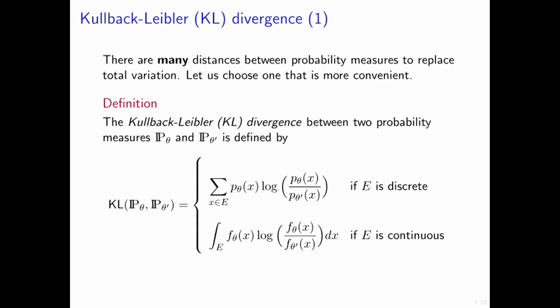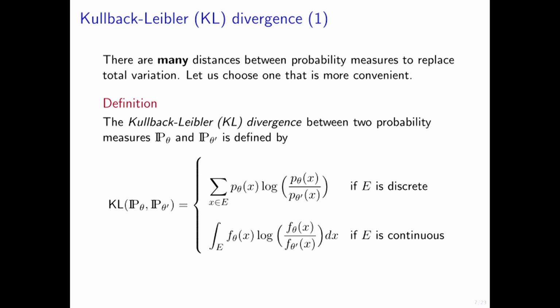The KL divergence between two probability measures, p theta and p theta prime. And here, as I said, it's not going to be symmetric, so it's very important for you to specify which order you say. It's between p theta and p theta prime, and that's different from saying between p theta prime and p theta. We denote it by KL.